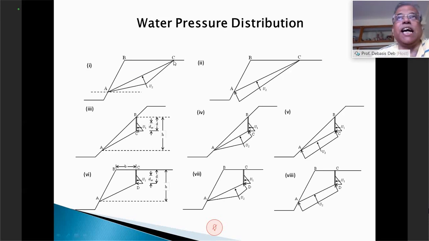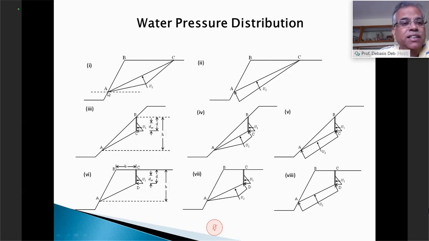See, there is no tension crack, but they are saying this is the joint or the discontinuity plane and the water is here. Now, since there is no tension crack, the water pressure here will be the same as 0, or atmospheric pressure.